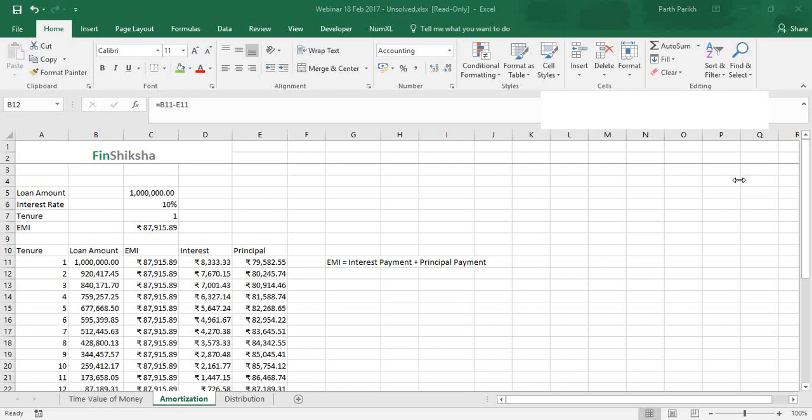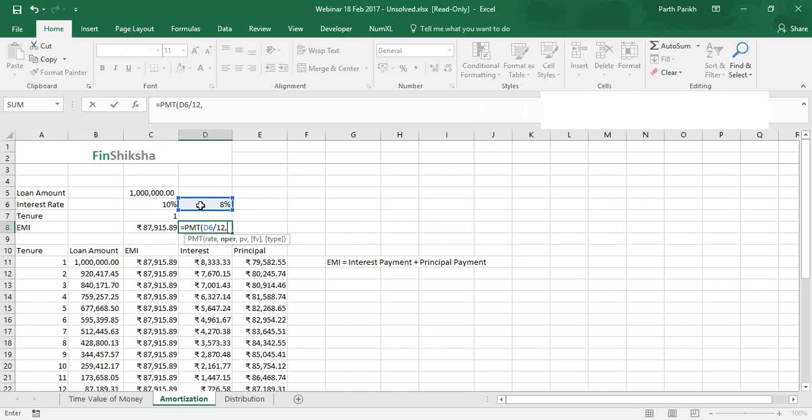Then there is a question that says, what if the interest rate is changing every year? If my interest rate changes every year, then my EMI will change, and then I have to make some arrangement. Let's say next year my interest is 8%, then I have to calculate EMI on the basis of that, which is PMT, this divided by 12.